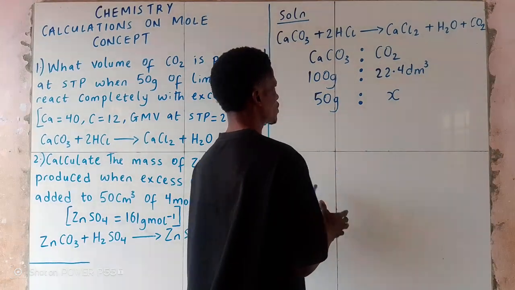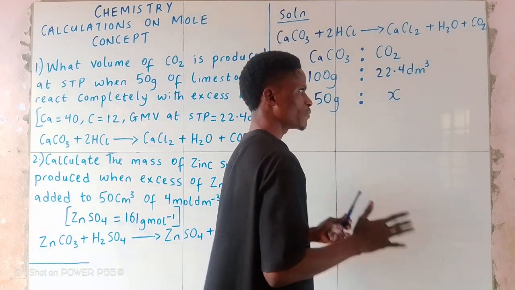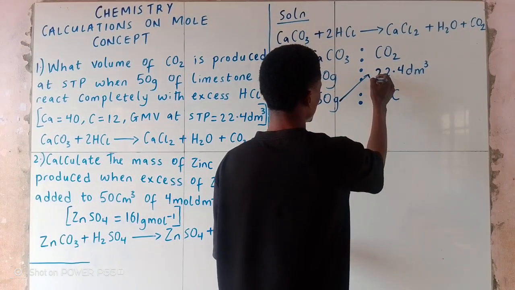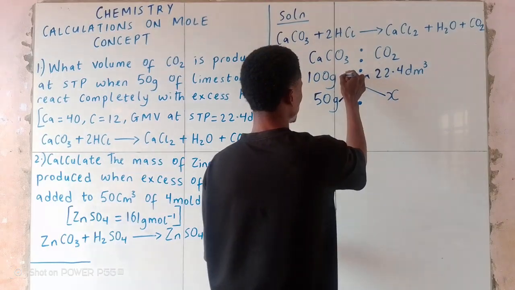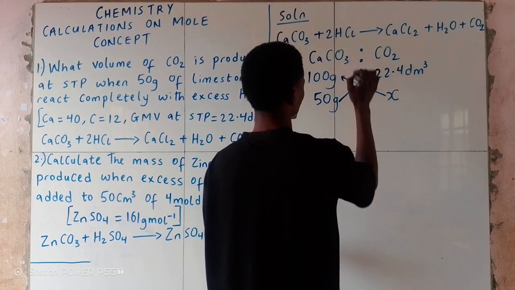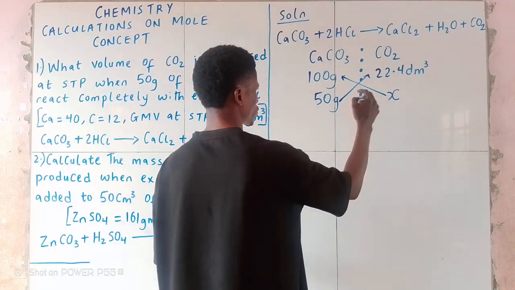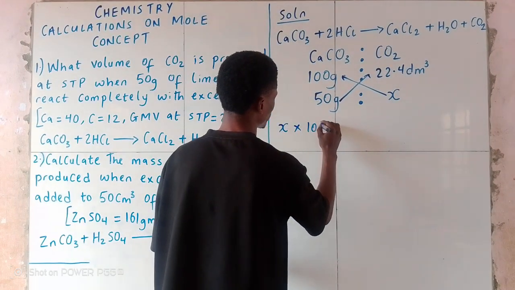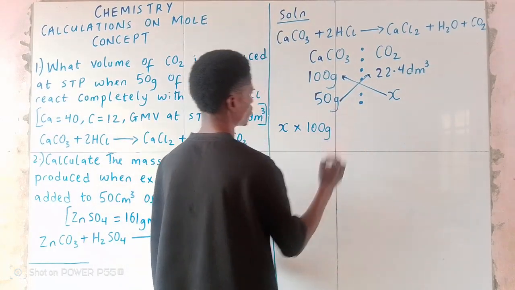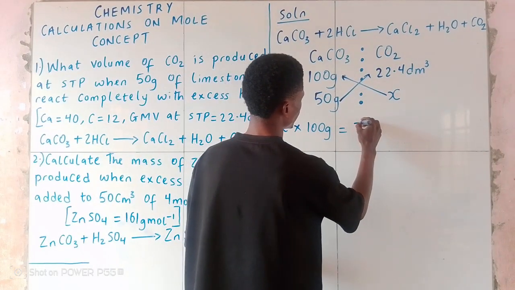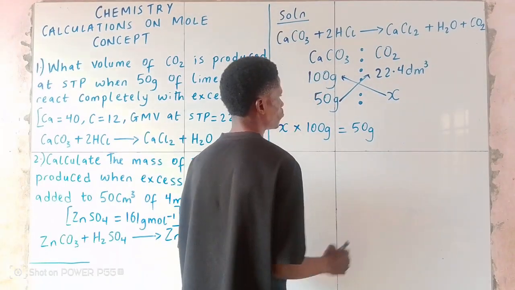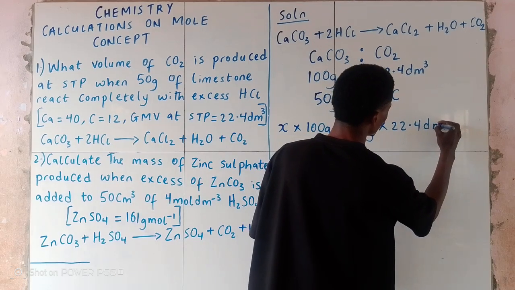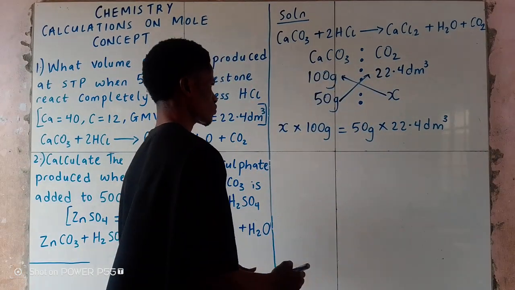My next step, since I have this, is to cross multiply. This one will come to meet this one, and this one will come to meet this one. So I'm going to have x times 100 gram equal to 50 gram multiplied by 22.4 dm3.